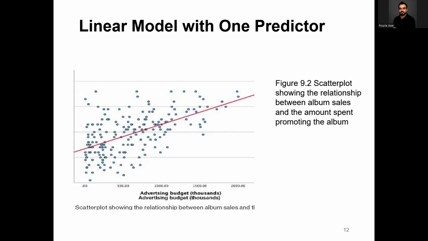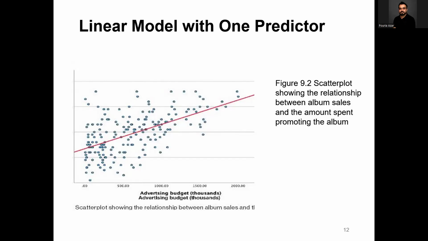It is better to draw a scatter plot showing the relationship between the outcome variable and predictor variable to see if there is a line, if we can see a slope in the line. If we see a slope, if it is not just a horizontal line, we can assume that there is a relationship, a correlation between these two variables. Then we can move on to run the regression analysis.